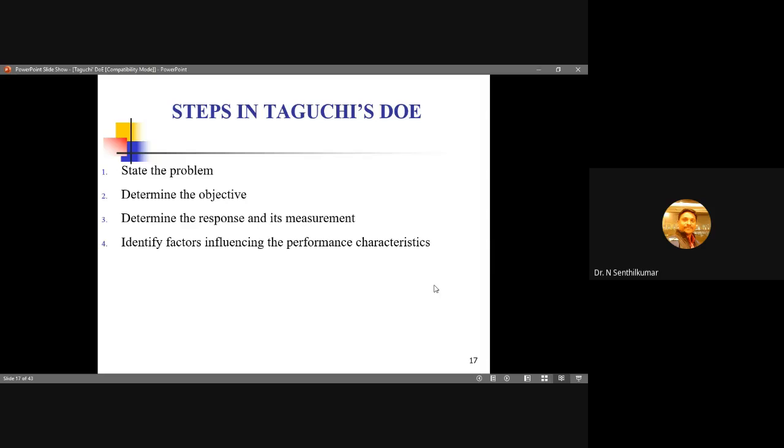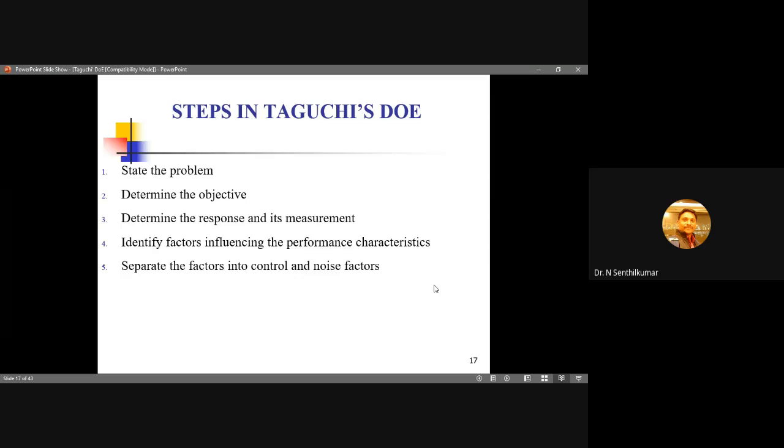Then identify the factors that influence the output. Normally in a turning process, we have to consider the cutting speed, feed rate, depth of cut as default. Other parameters we can add. Then separate the factors into controllable factors and noise factors.